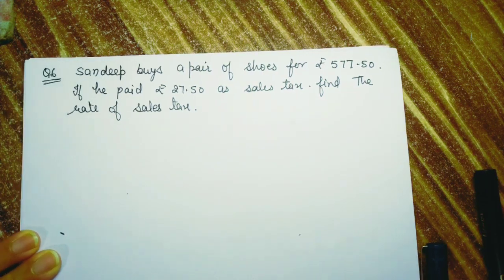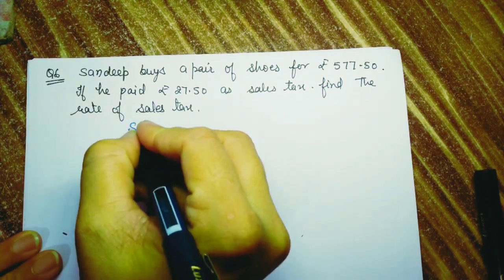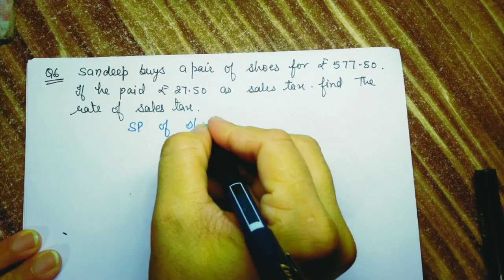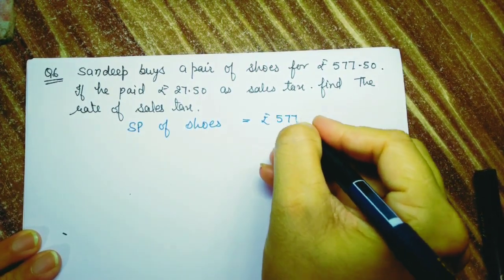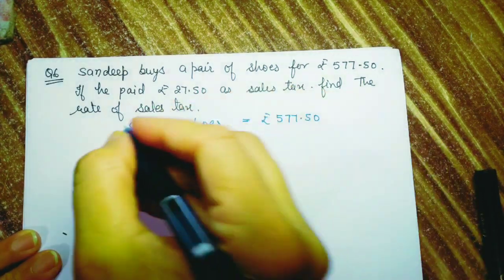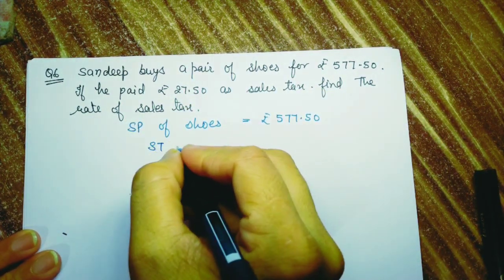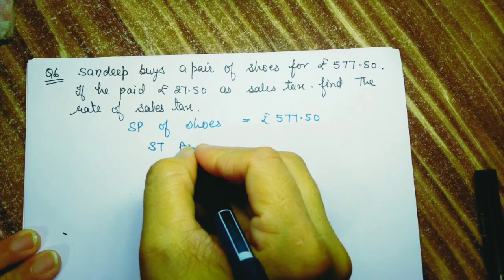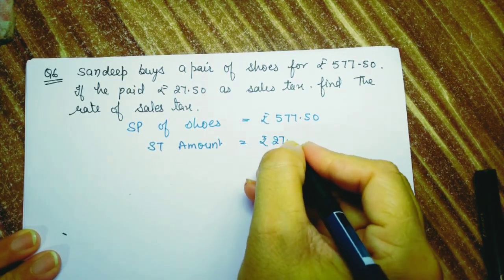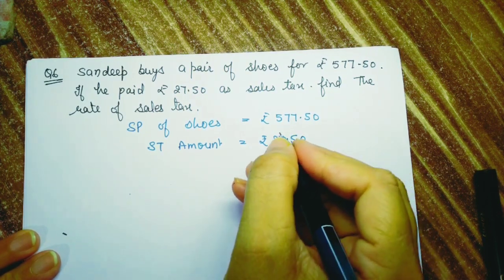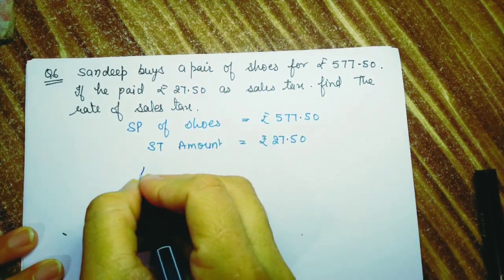So here we will write SP of shoes, that is rupees 577.50, and then they have given the ST amount paid by Sandeep, that is rupees 27.50. And students, from here we have to find out the list price.